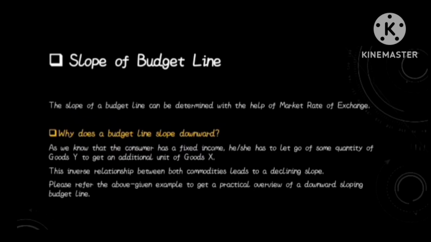As we know, the consumer has a fixed income, so she has to let go of some quantity of good Y to get an additional unit of good X. This inverse relation between both commodities leads to a declining slope. So the budget line is a downward sloping line.